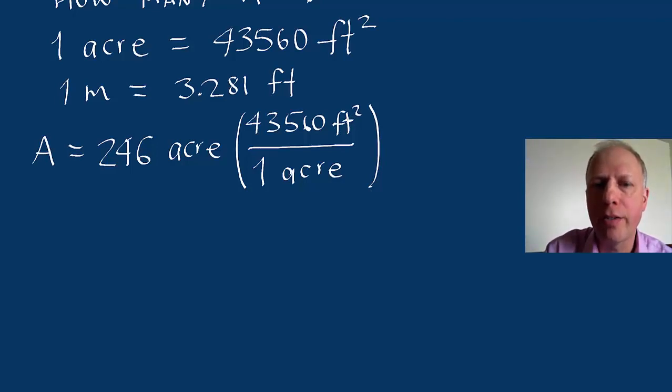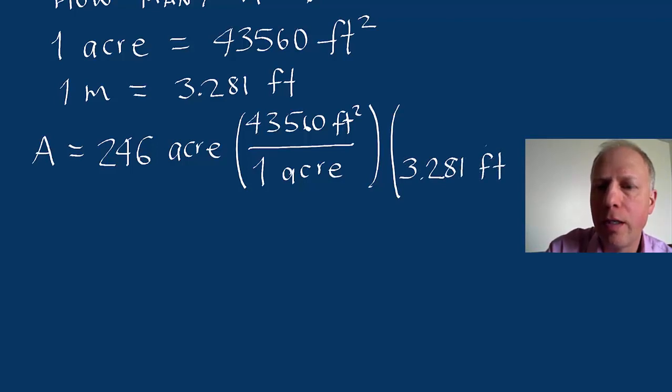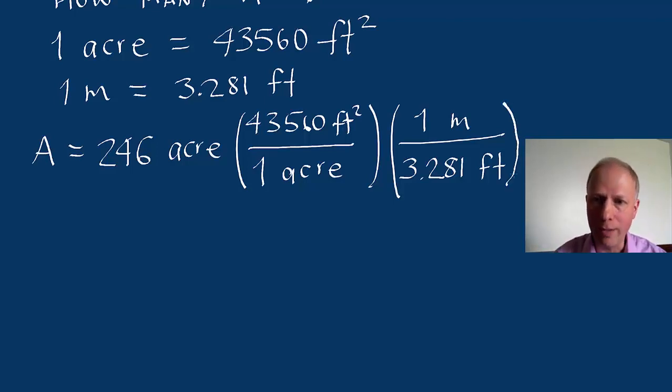So I need another factor. I want the feet to cancel, so I'm putting them downstairs. 3.281 feet is equal to 1 meter. So both of these fractions are equal to 1. But I'll get the wrong answer if I do it this way, because I haven't canceled all of my units down to meters squared.